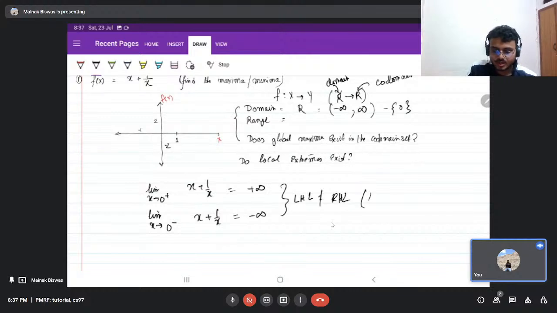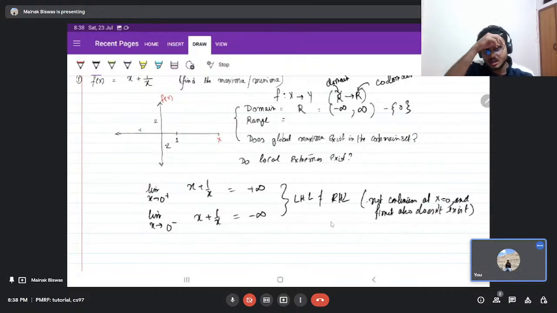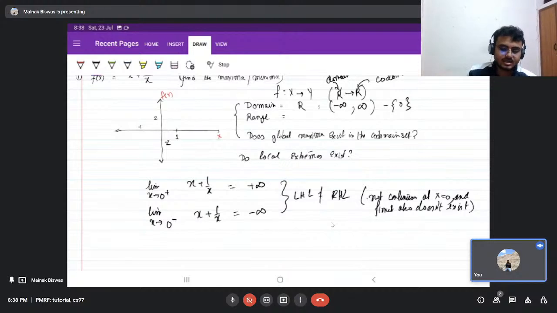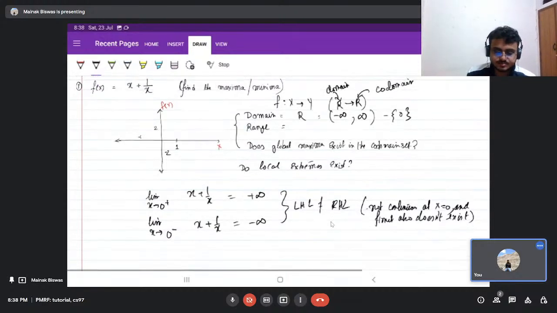So the function is not continuous at x equal to 0, and the limit also does not exist, which is obvious because both of these will be going to infinity. So at 0 the function is not defined.